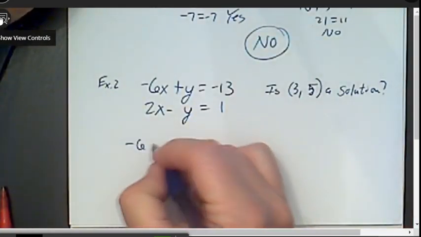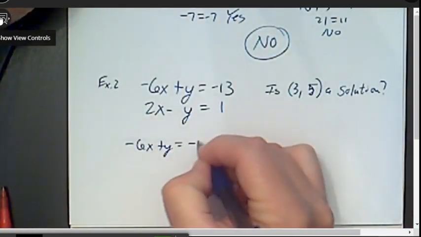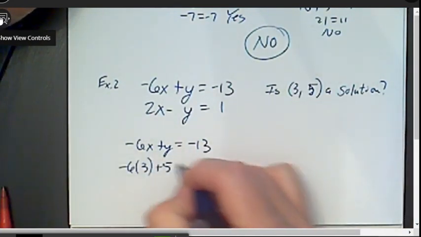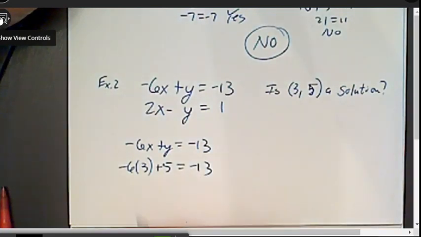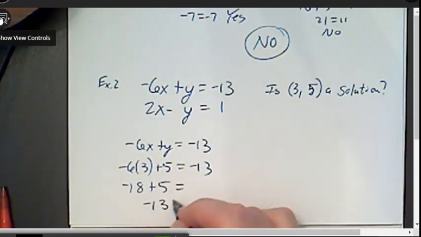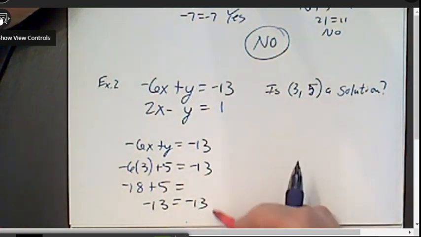Okay, so take the top equation, which we'd call equation 1, plug in the 3 and 5, and then we'll check it. So that's -18 plus 5, -13 equals -13, so that one comes out to be a check. So that one's good.